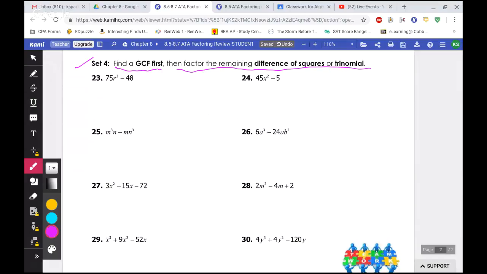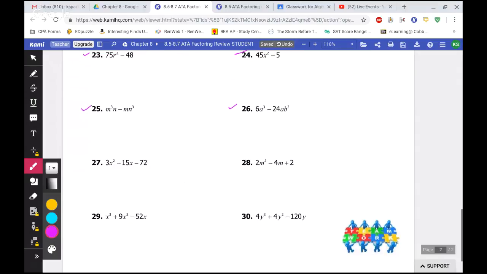The difference of squares, you'll know right away because they're the ones that have 2 terms in them. So that's going to be 23, 24, 25, 26. That's going to be your difference of squares. The trinomials are going to be the ones that have 3 terms. Tri meaning 3, like tricycle.